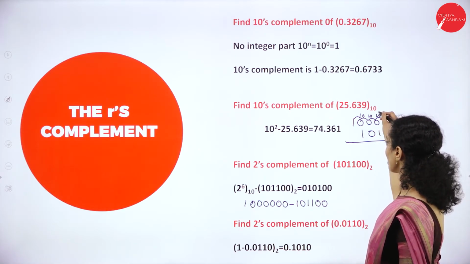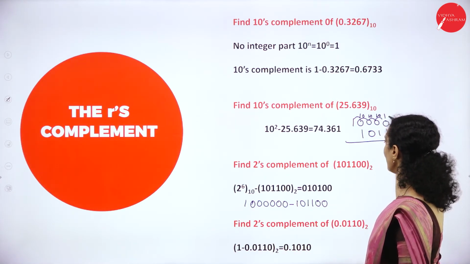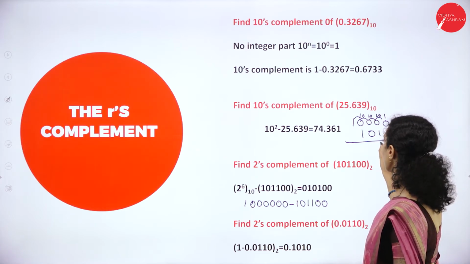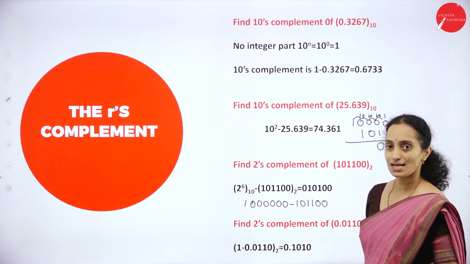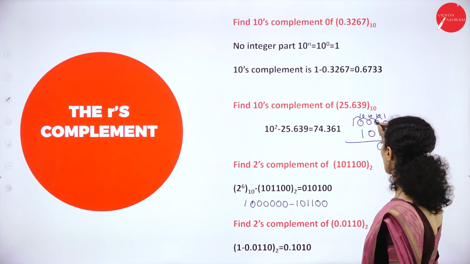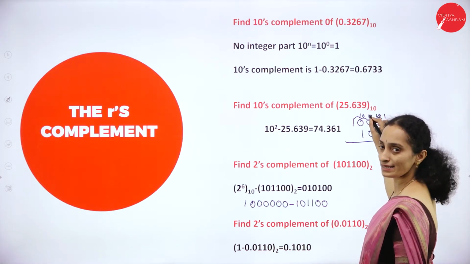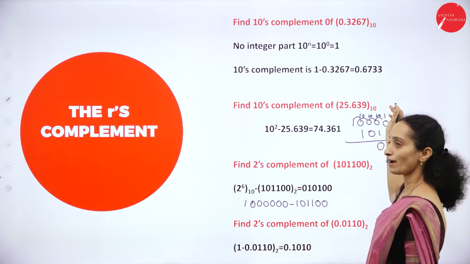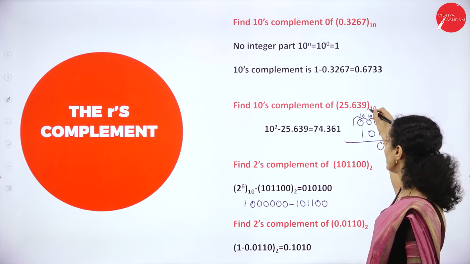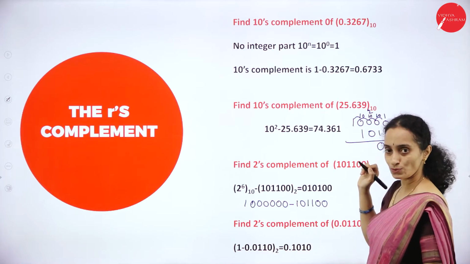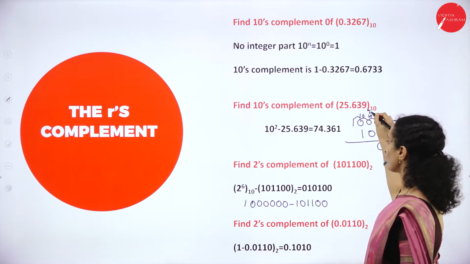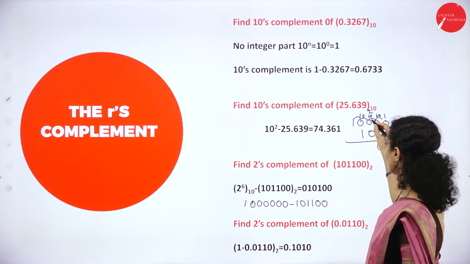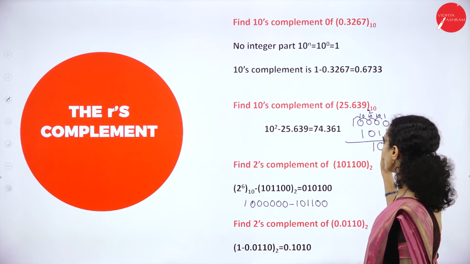When 1 is taken from here, 1 is remaining. 1 minus 1 is 0. Again, here remains a 1. We have borrowed 1 from here. 10 is 2. When you take 1 from here, 1 is remaining. So 1 minus 0 is 1.